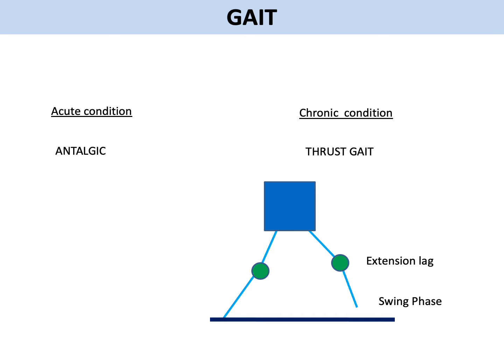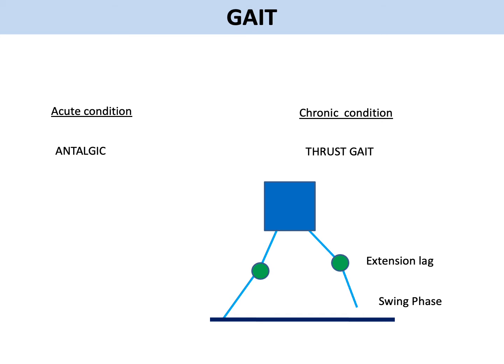So all we can achieve here in case of acute condition is antalgic gait. That may or may not be of so useful, and sometimes we may not advise the patient to walk in case of acute conditions because the patient may not be able to walk, and we can expect the antalgic gait in case of acute conditions.